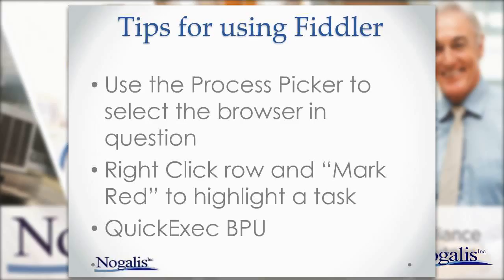So, for example, if you've got an email client open, or a chat client open, or you're watching stocks or whatever it is that you're doing, all of that traffic will be coming through Fiddler, and it really crowds your screen. But if you use that process picker and pick the specific browser session, it can really help you narrow down the traffic.